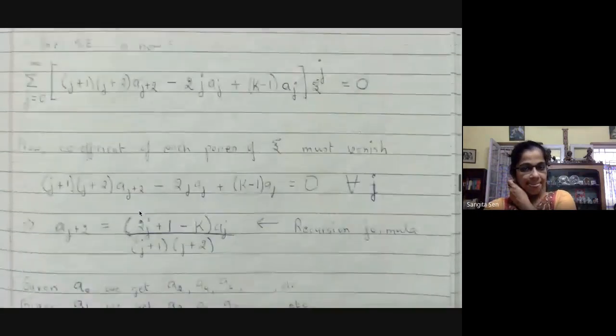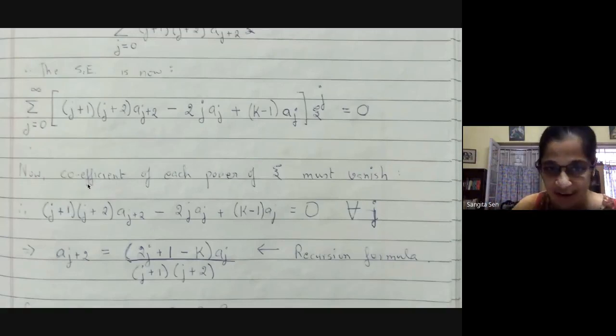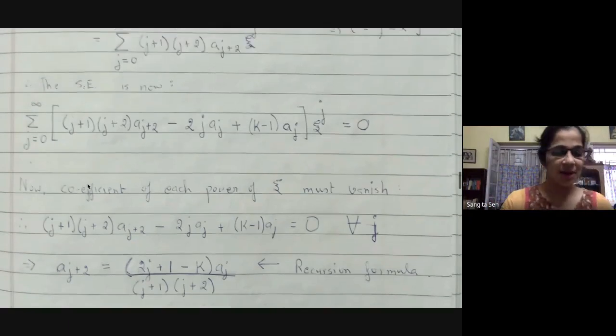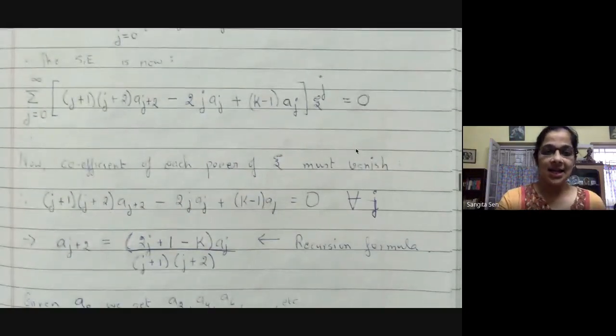Fine. Now we have this Schrodinger equation, which looks very different from the Schrodinger equations that we know, but we have just replaced things step by step. So yeah, it still contains the same information. And this looks more like a polynomial equation.